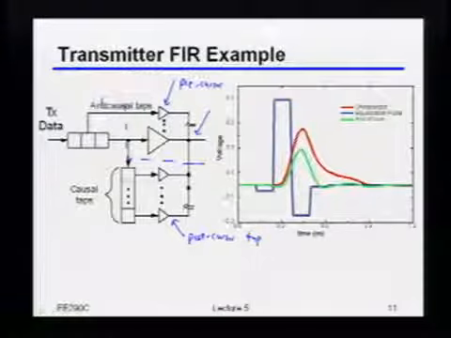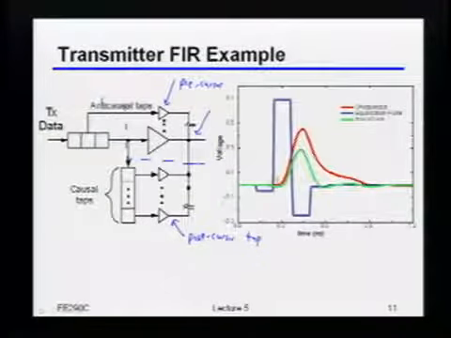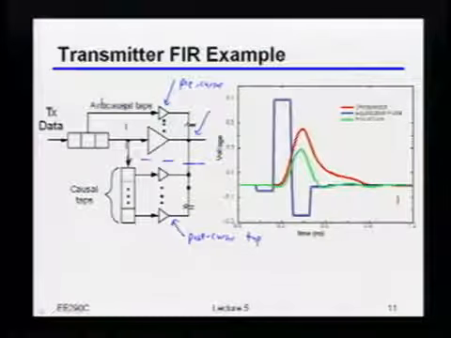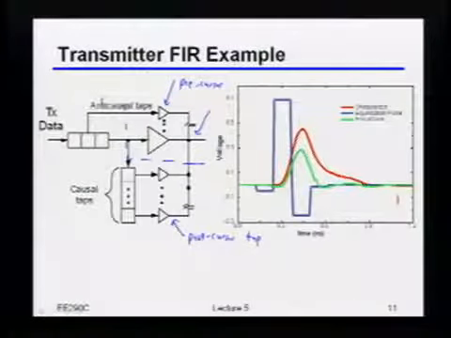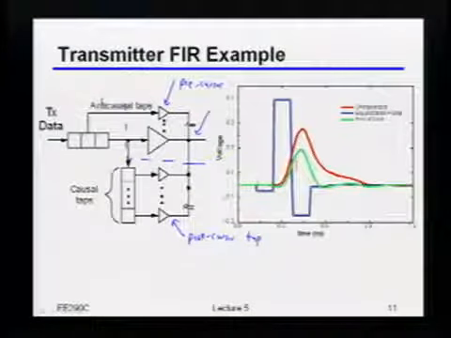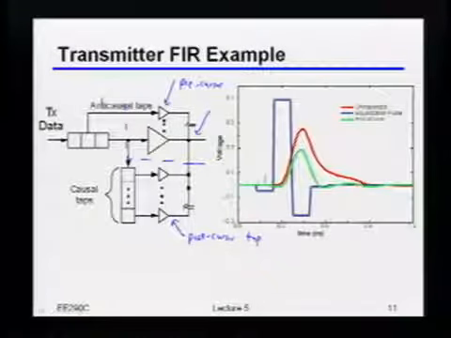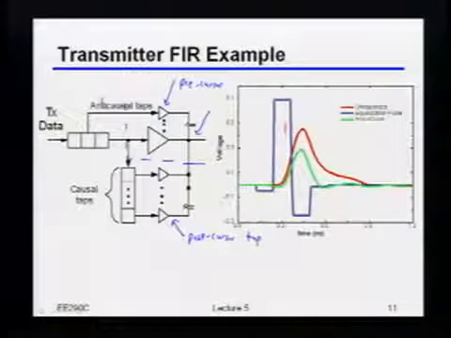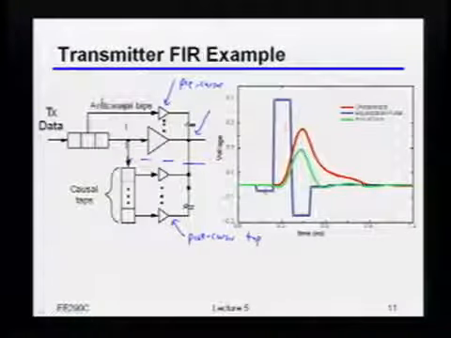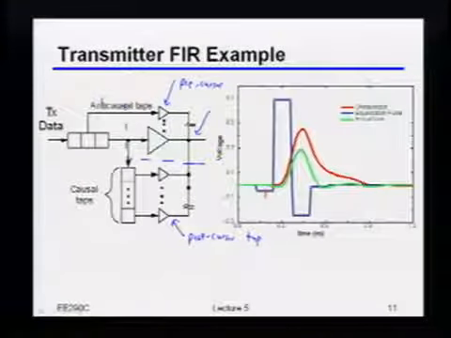Just to give you an example of how something like this would work, let's say this red trace here was what you had from the original channel response, and you wanted to equalize that. For this particular response, what you might do is have something like this black pulse being transmitted here. Notice this black pulse would be a pain to build in an analog circuit. It could be done, but controlling these levels exactly would be annoying.